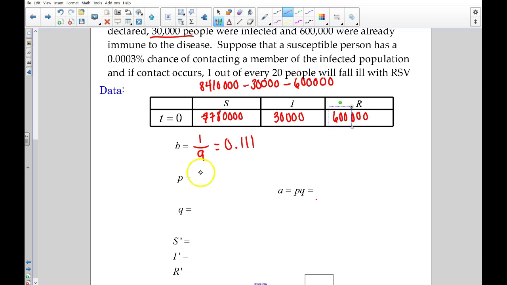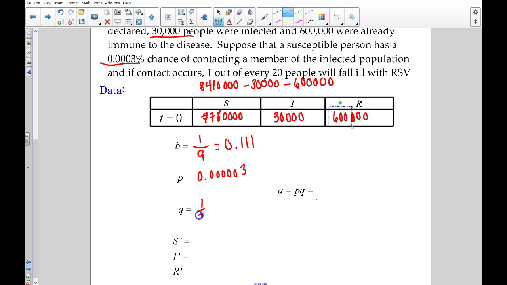And then P is the chance of contacting a member with the disease. According to the prompt, that is 0.0003%. I'm going to represent that as a decimal, so that's 5 zeros, 1, 2, 3, 4, 5 with a 3 after it. And then Q is the chance that, if you contact them, you fall ill with the disease.